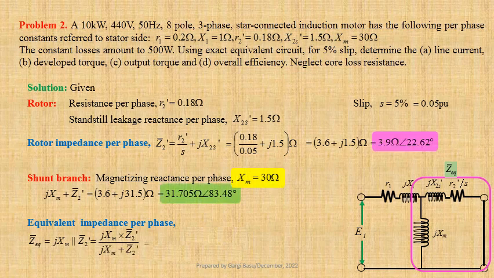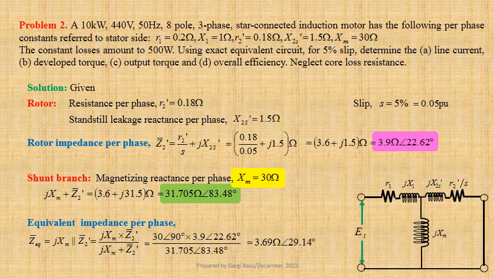Using values we get 30 at an angle 90 degree into 3.9 at an angle 22.62 degree divided by 31.705 at an angle 83.48 degree. That gives us 3.69 ohm at an angle 29.14 degree.